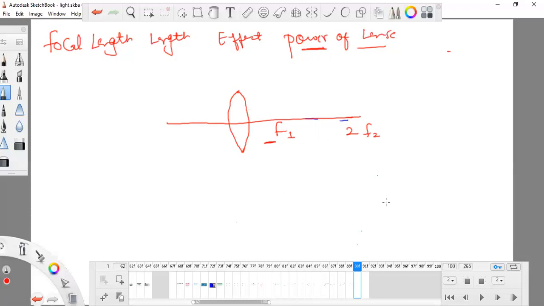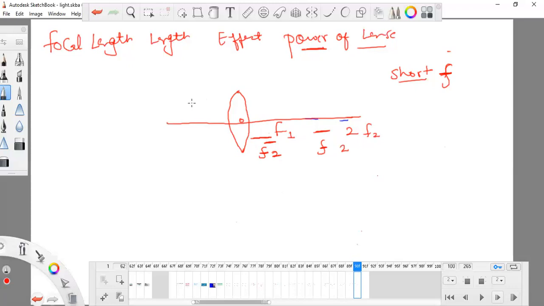If it has a short focal length, denoted by small f, say 2 centimeter focal length, this means it will move the light rays very well.